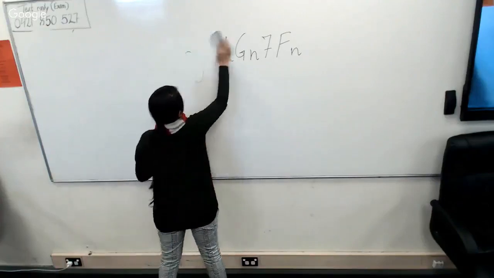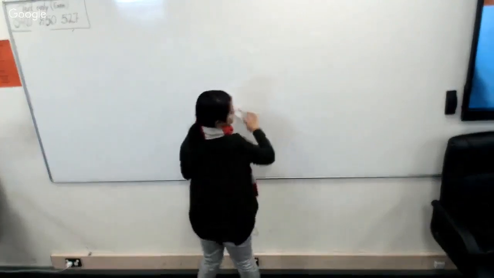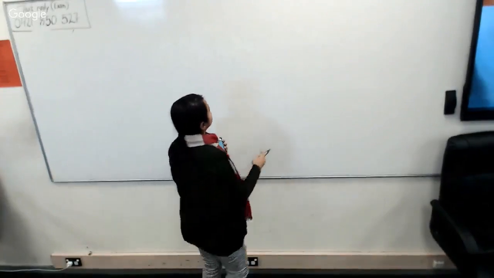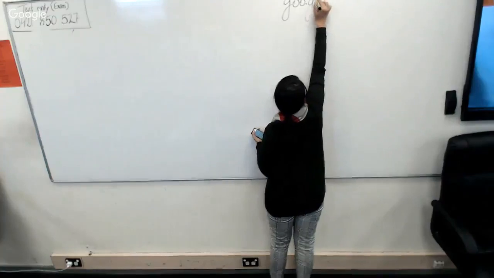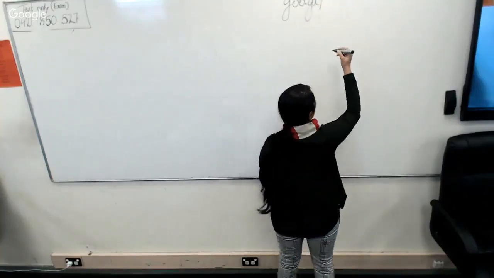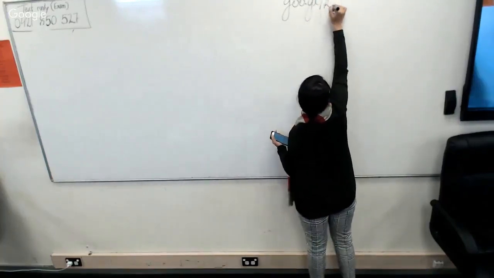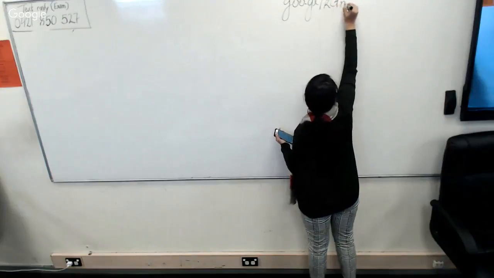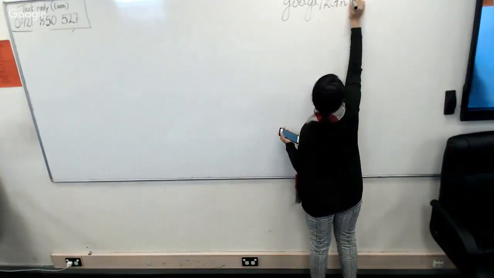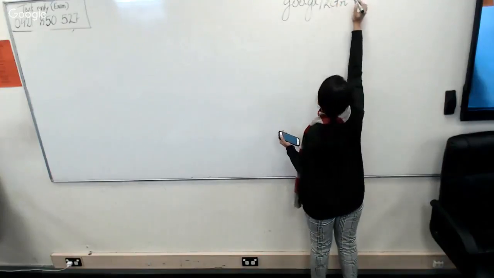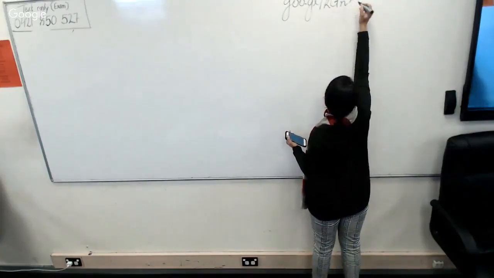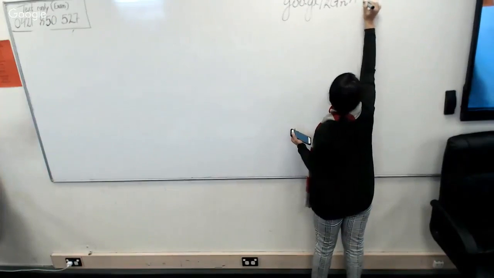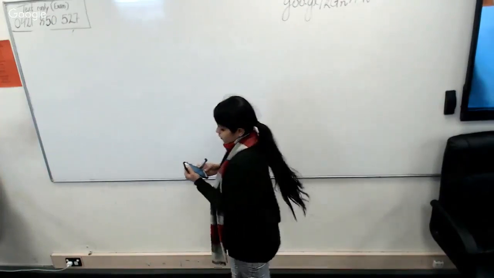I'll type this link somewhere else. Guys, please repeat the link for me. goo.gl, then small k, then G, then small n, 6 and 7 A, small n. Okay.